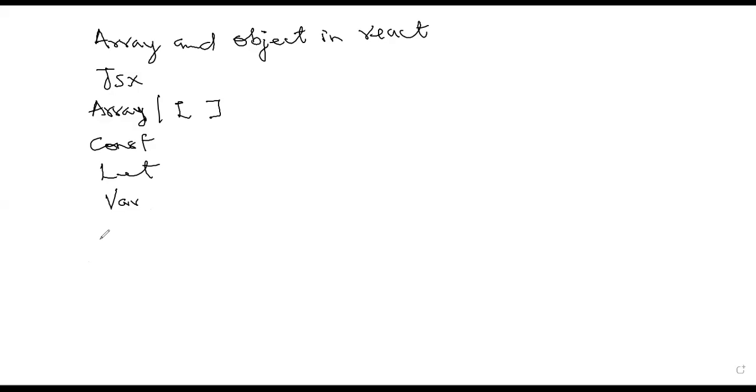This is how a constant variable is written. So the name of the variable, let's call it fruits. We say it is equal to a list of array.